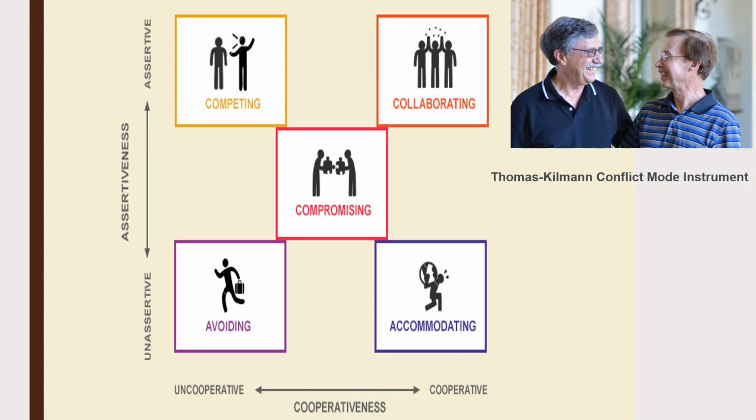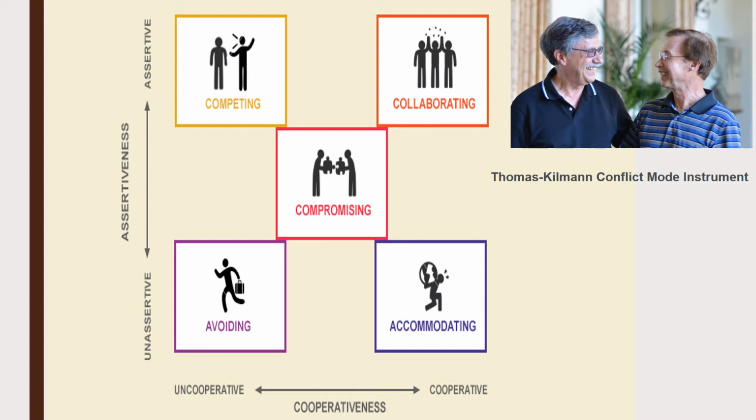If you are clear to the other end, at the lower right quadrant, this is the accommodating mode. This is where you're very cooperative, but very unassertive. People are just saying, hey, will you do this? You don't really want to do that, but you go ahead and do this for whatever the reason is, and you find yourself very accommodating in that instance.